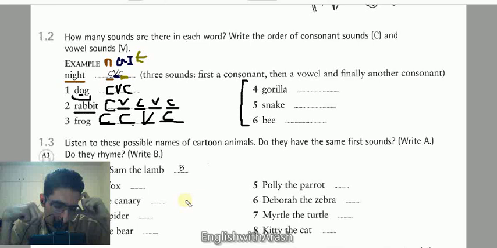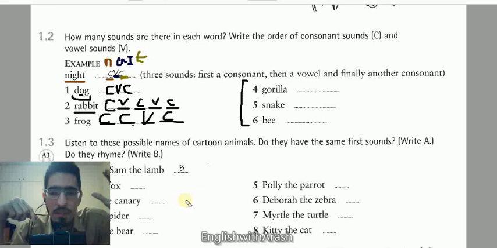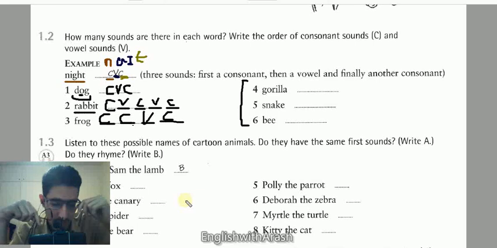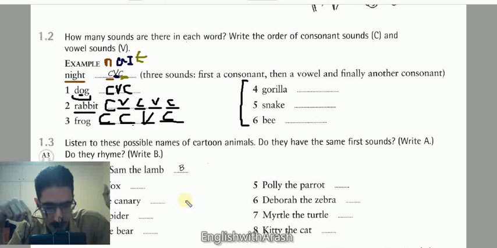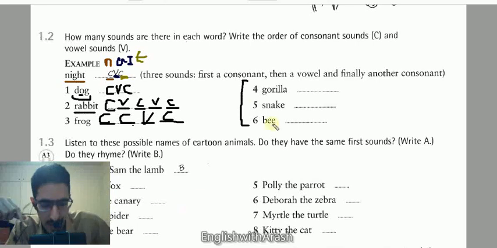Value? Yes, Layla, but it's not about what you see, okay? It is about what you hear when you pronounce it. CV. Let me check Alireza. CV. CCV.